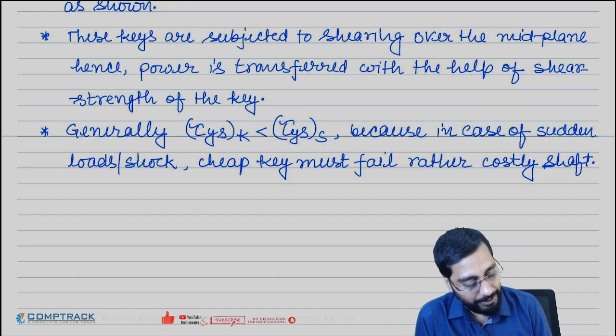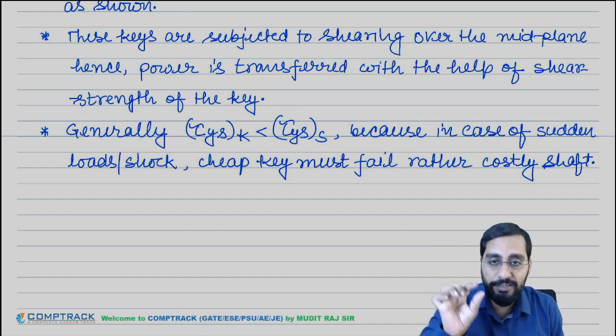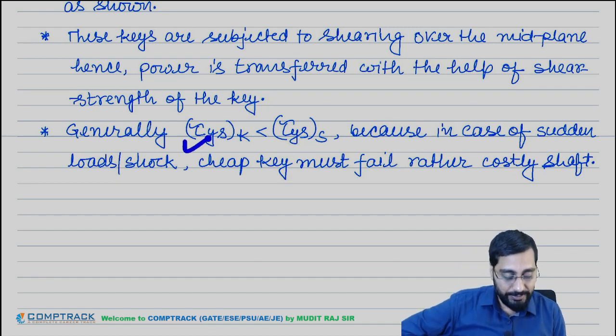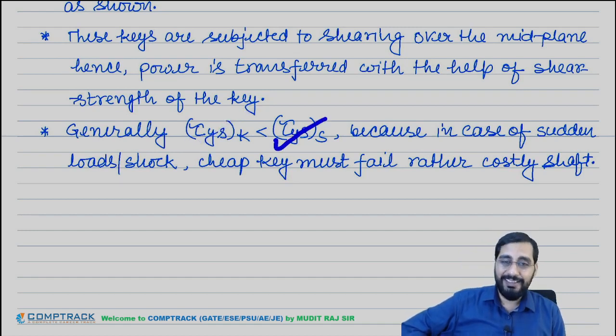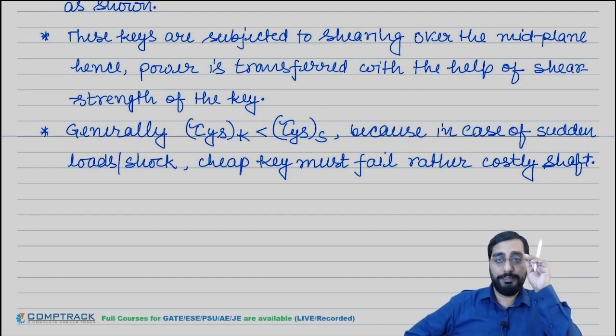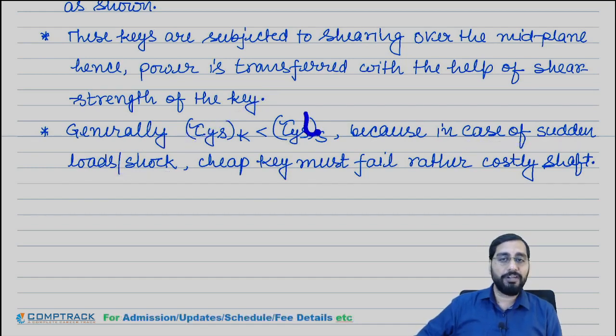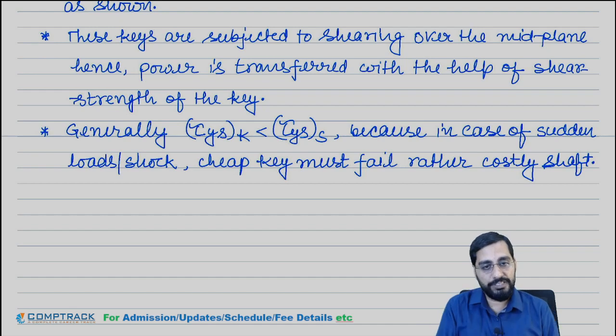The shaft is costly, so generally we select the key material in such a way that the yield strength of the key is a little smaller than that of the shaft, so that if a sudden load comes, the key will fail, not the shaft, because the shaft is costly and keys are smaller parts; you can replace the key easily. Yes or no?